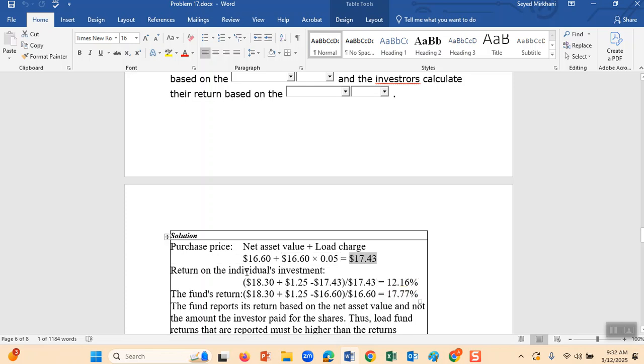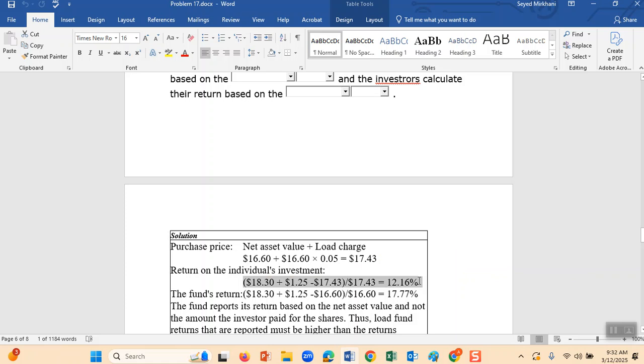Then you come here and whatever you paid, whatever is the value today, the price went up. And also, the fund manager gave you $1.25. However, you subtract the cost that you paid for it, and you divide it by what you paid for it to see the growth rate, to see the return that you had.